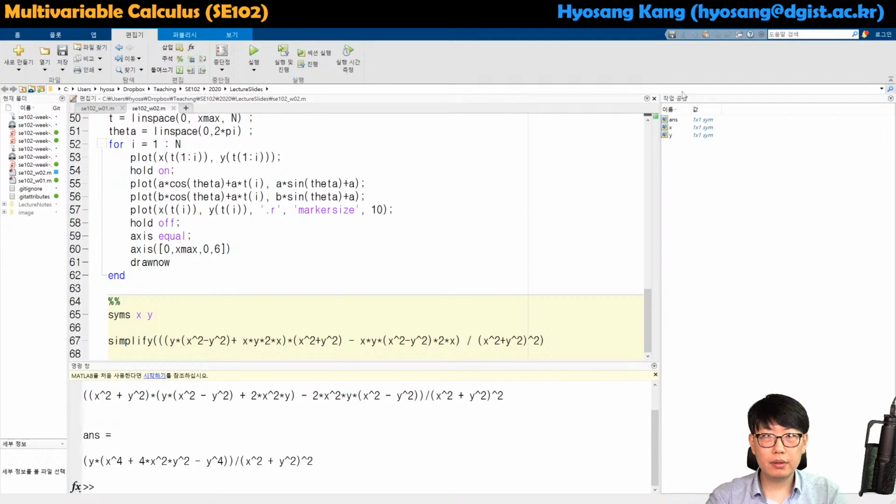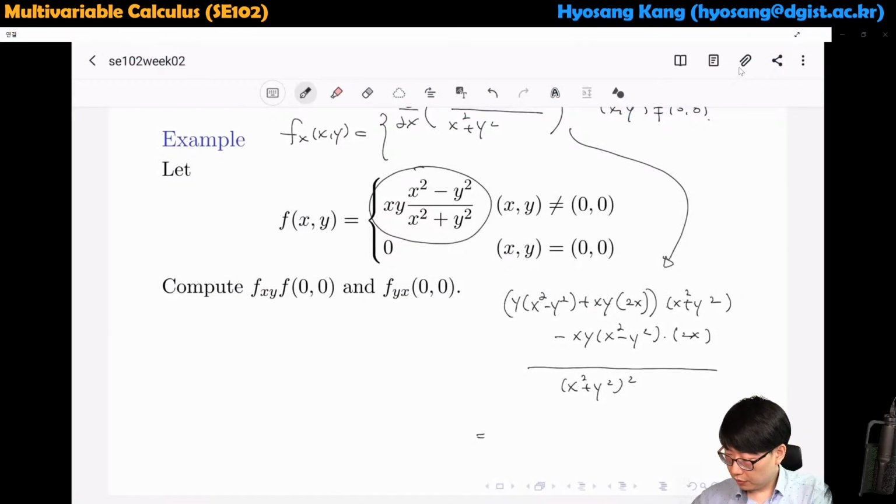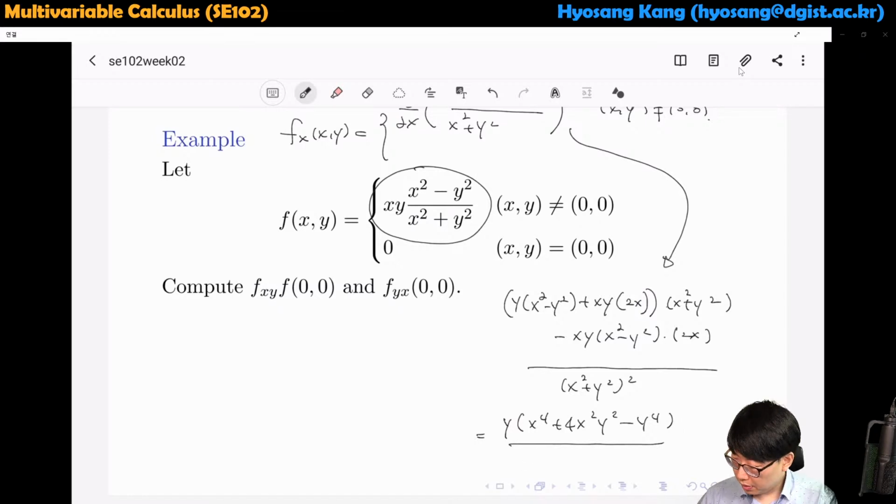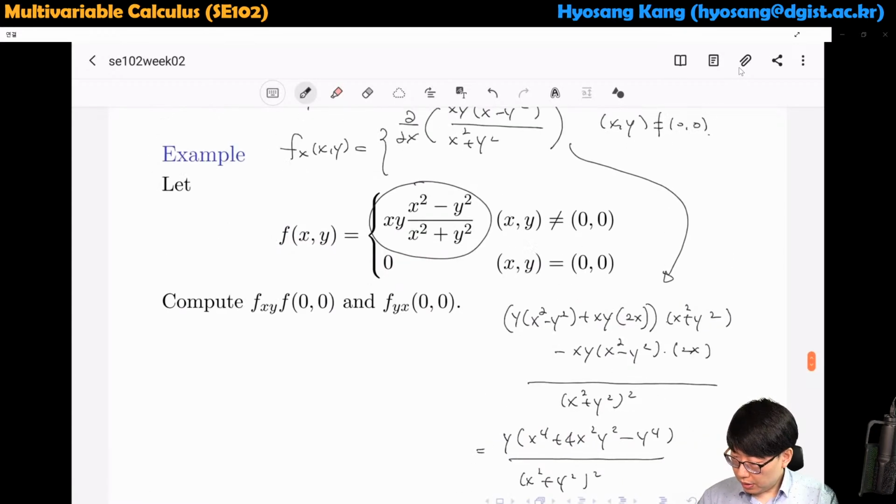That's y times (x to the fourth plus 4x squared y squared minus y to the fourth) divided by (x squared plus y squared) squared. So that's the value of the partial derivative fx when (x, y) is not equal to 0. But what if (x, y) equals 0?